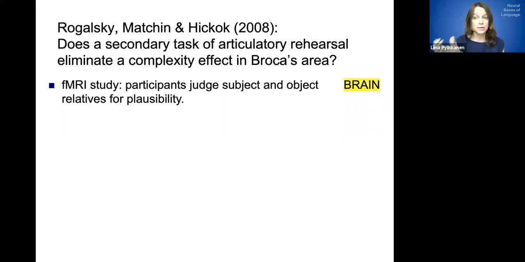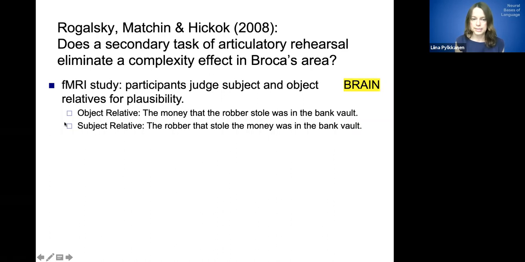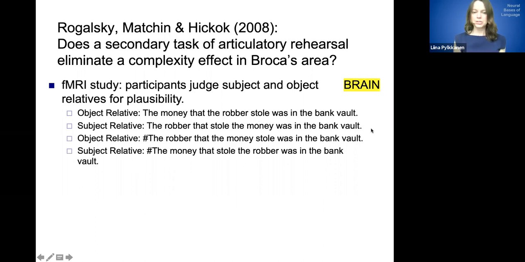Again, you have these object relative expressions, and they're compared to slightly easier subject relative sentences. So: the money that the robber stole, money is the stolen thing here, was in the bank vault, versus the robber that stole the money was in the bank vault. And the task was to indicate plausibility for these expressions.